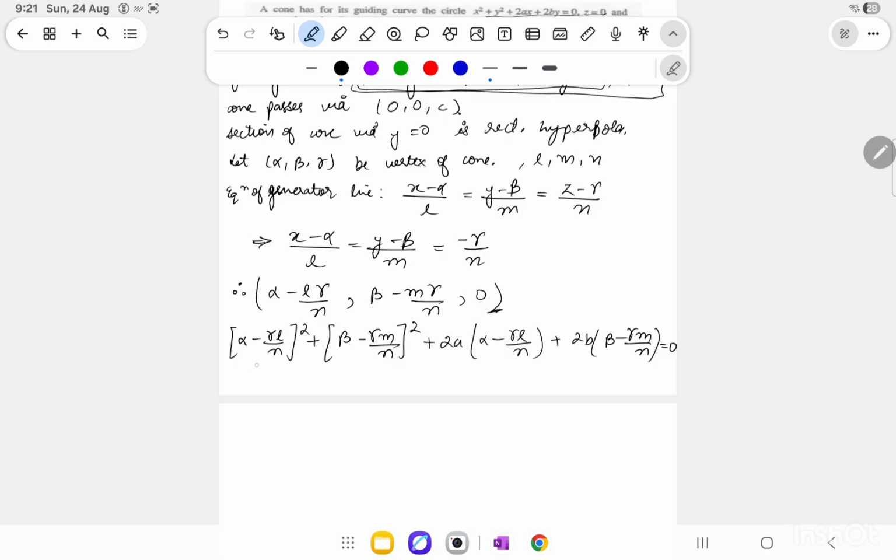Further we can eliminate these values of L, M and N to find the equation of the cone.